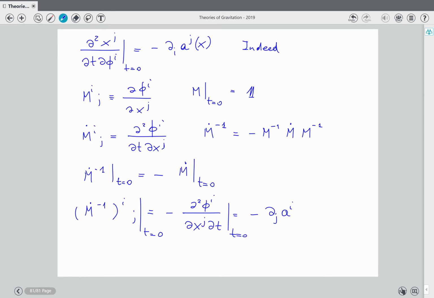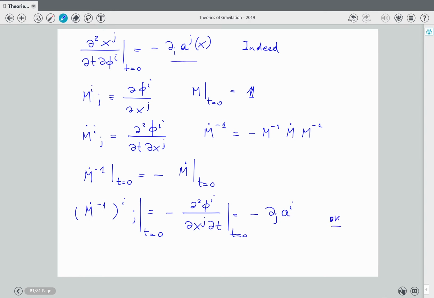So you have the result, because you see that in this derivation we have indices I and j. Here we have j and I. So you have an exchange of indices.